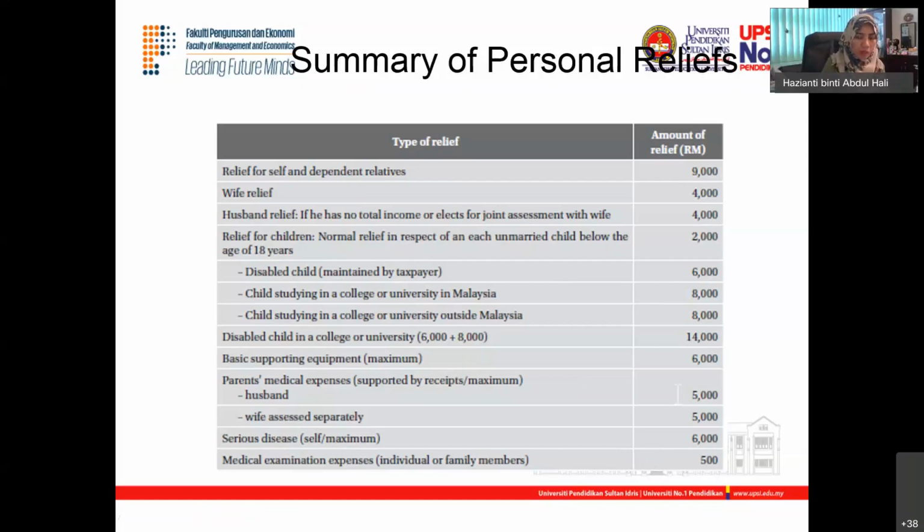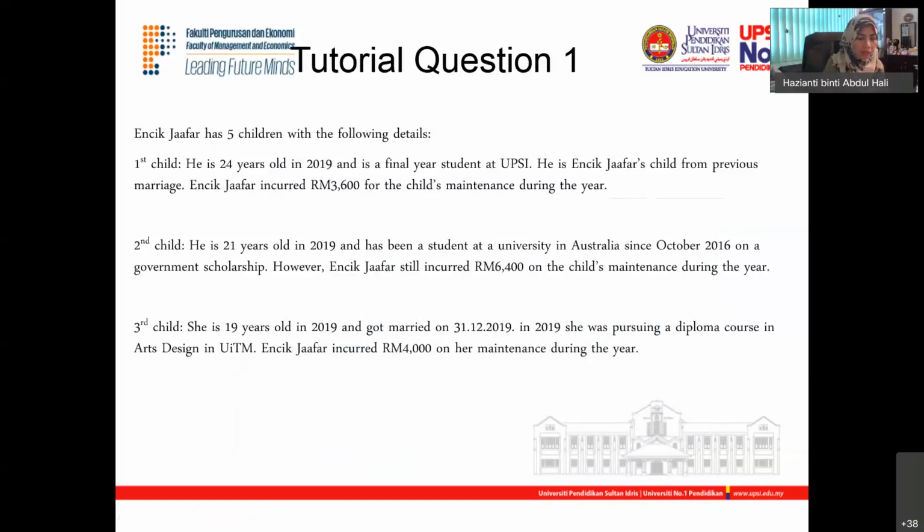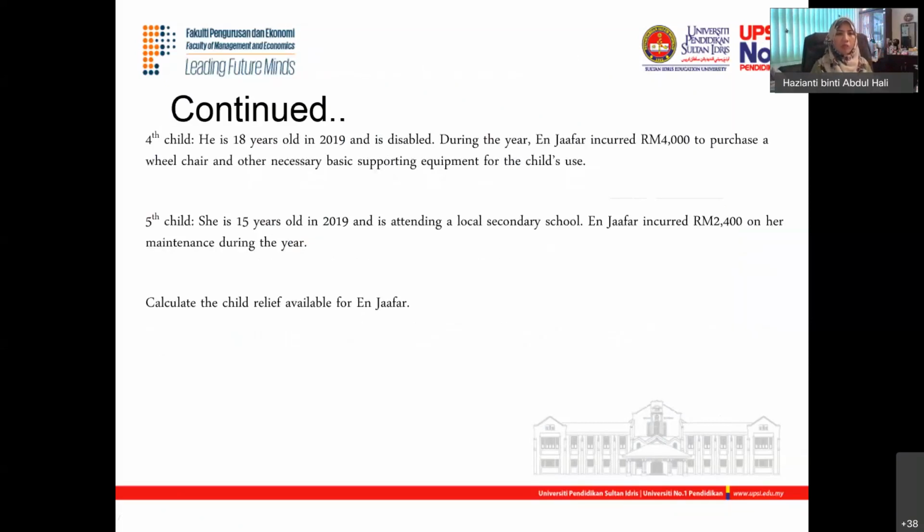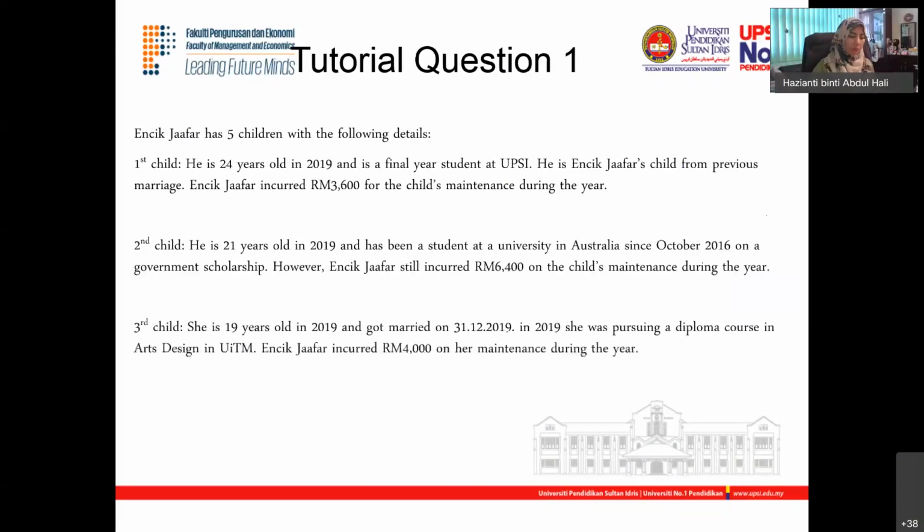Alright, next I want you to try this question. Kita ada child relief Encik Jaafar, dia ada first, second and third child and also fourth and fifth child. So you have to calculate the child relief available for Encik Jaafar. Cuba kira dulu.